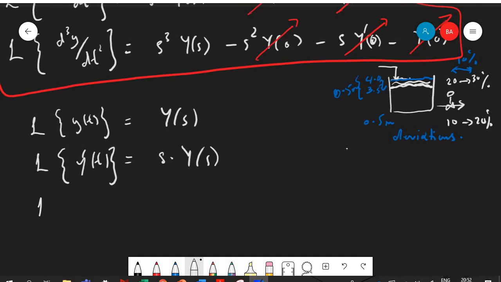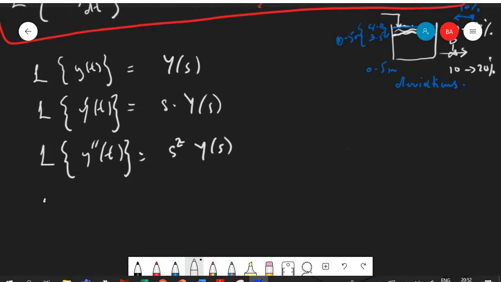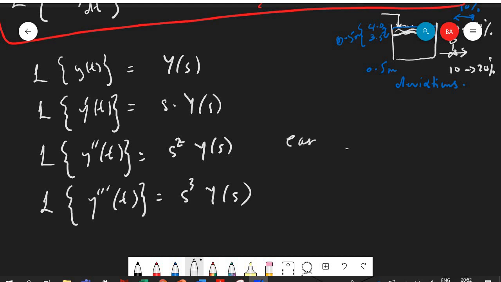Taking the Laplace of the second derivative will be s squared y of s, and taking Laplace of the third derivative will be s cubed y in the s domain, and so on. So now our life is easier, and this is very easy to memorize.